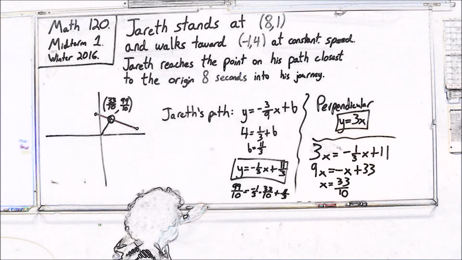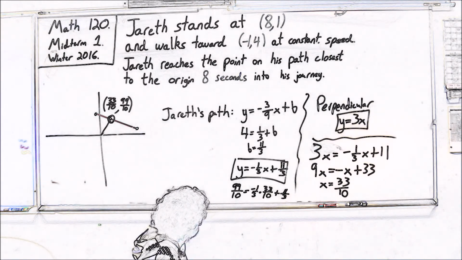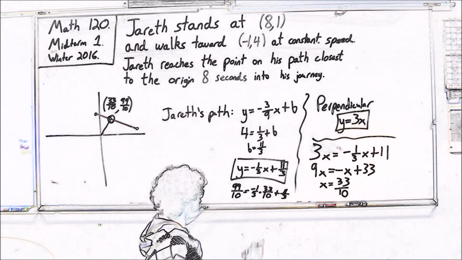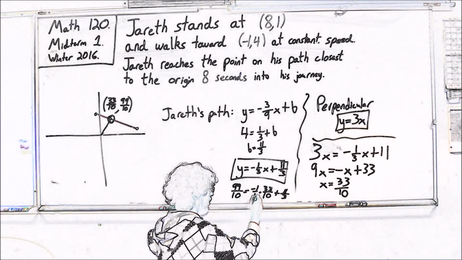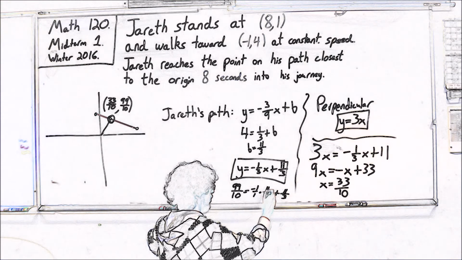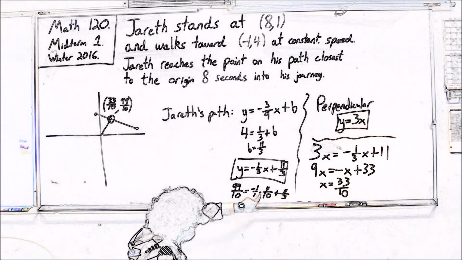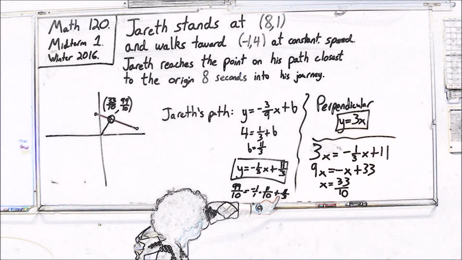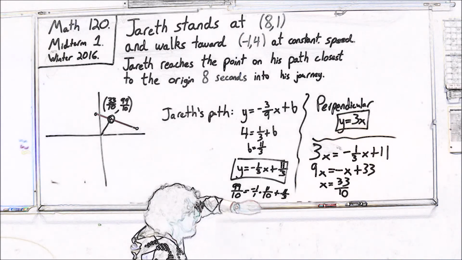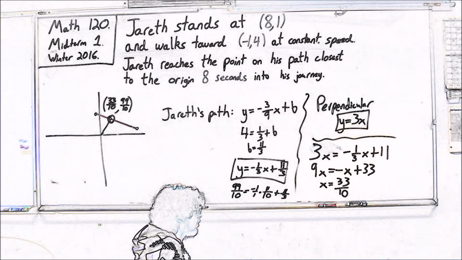I'm hoping this works out. I'm a little skeptical, to be honest. Let's see, this 33 and this 3, I can change this to 11. This is negative 11/10 plus 11/3. So this is 11/3 minus 11/10.